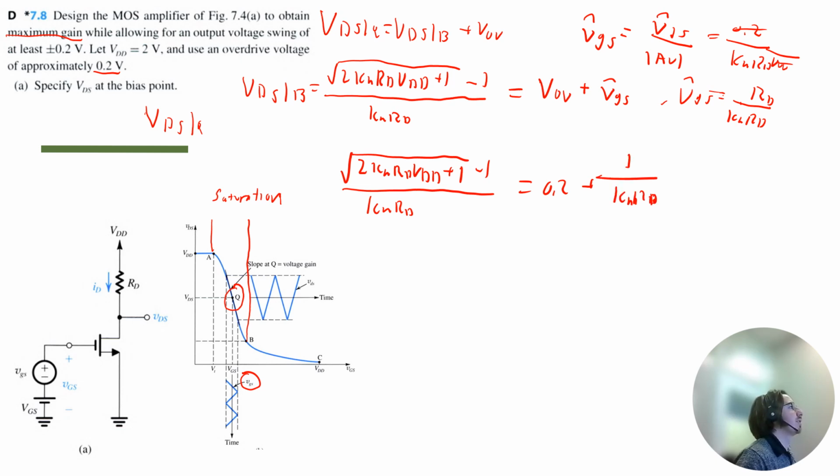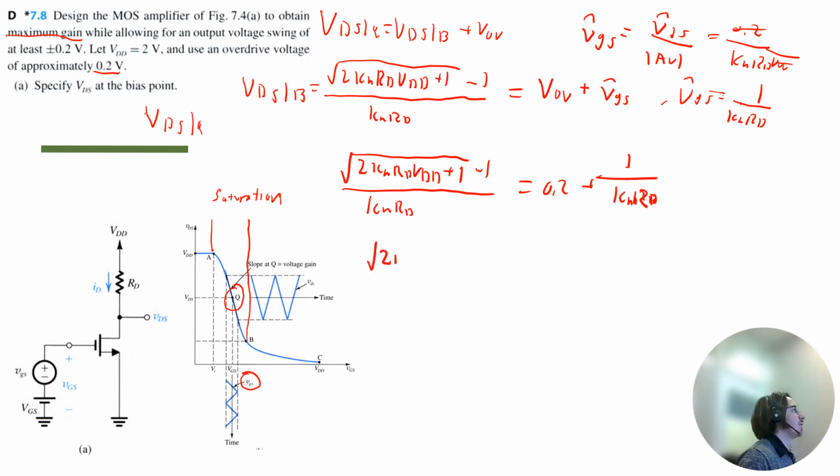Sorry about that. Okay, so now I have two equations, and technically two variables, but we can treat Kn times Rd as just one variable and solve for the value of those two multiplied. So I'm going to multiply both sides of the equation by this common denominator, Kn times Rd.